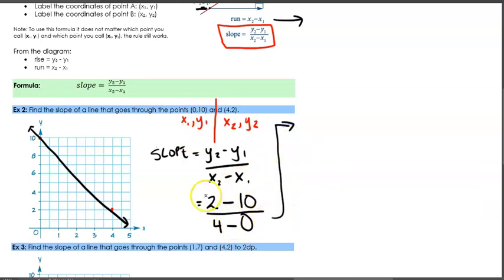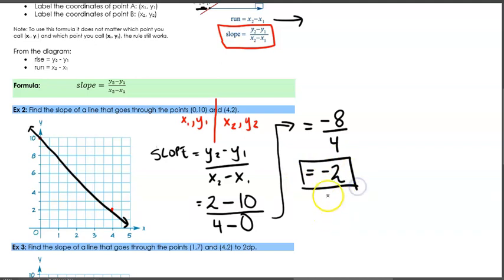Now I can figure out these values. 2 minus 10 is negative 8, and 4 minus 0 is equal to 4. When you simplify this, this will give you the answer of negative 2. So our slope in this case, yes, it is a negative, and it's negative 2.